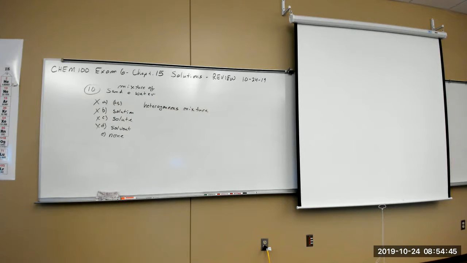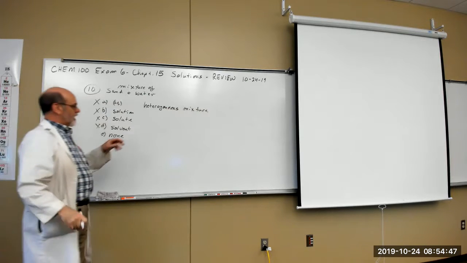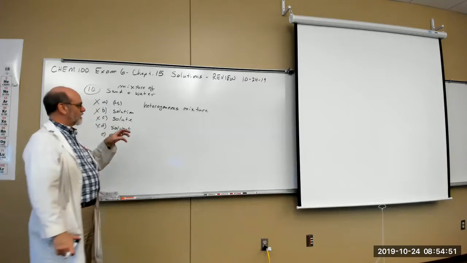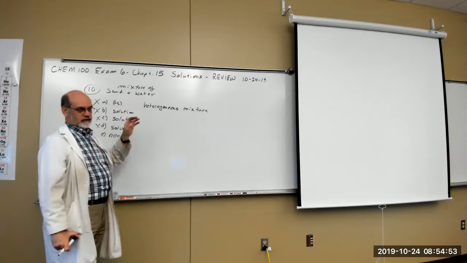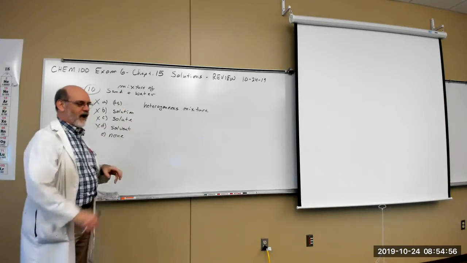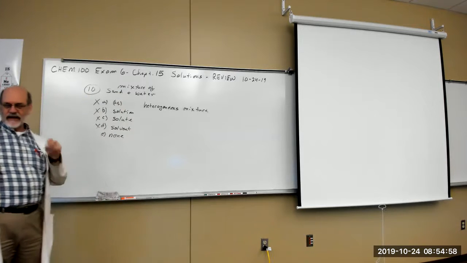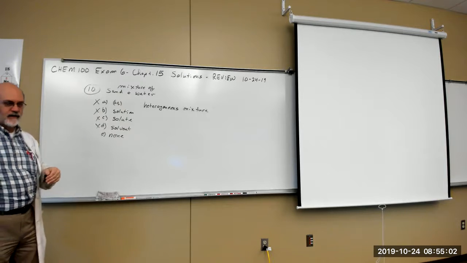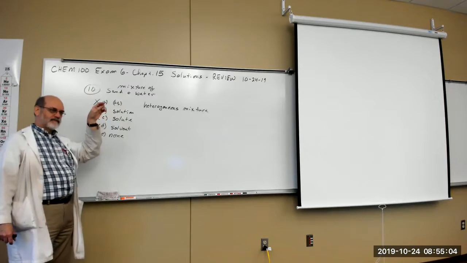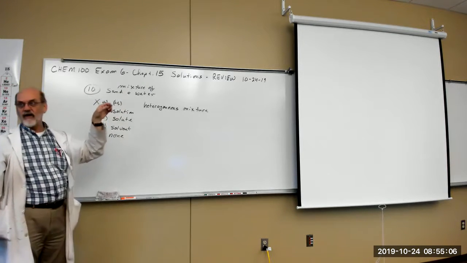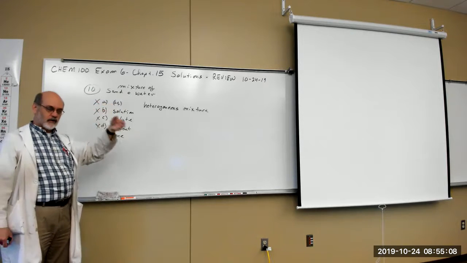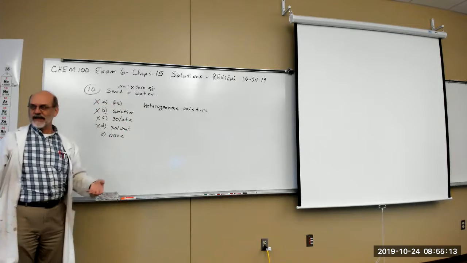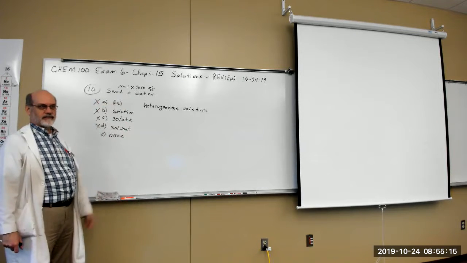which means everywhere you look in that mixture, you get a different composition, a different ratio of sand to water. No matter how hard you stir it, the instant you stop stirring, sand starts to settle. So if you sample at the top, you're likely to find no sand at all. But if you go to the middle or close to the bottom, you're going to get an increasing amount of sand for the same volume.